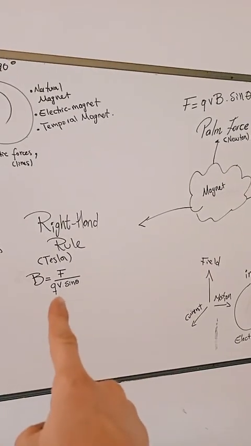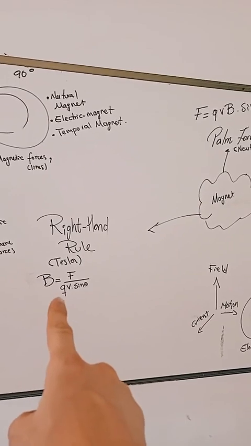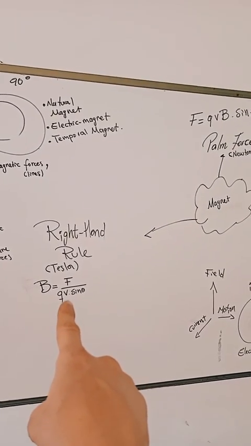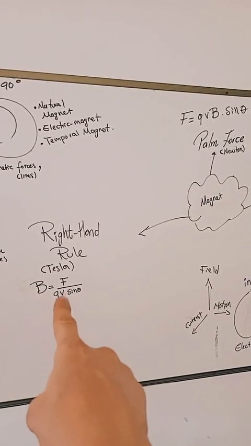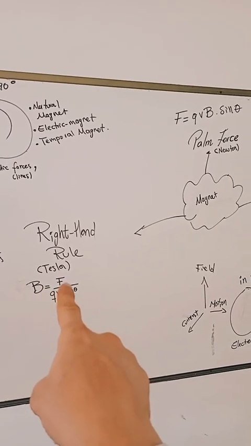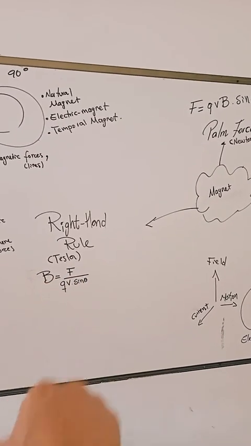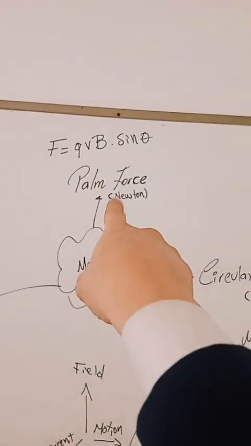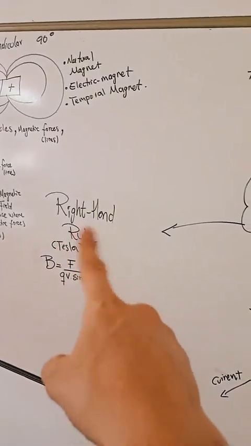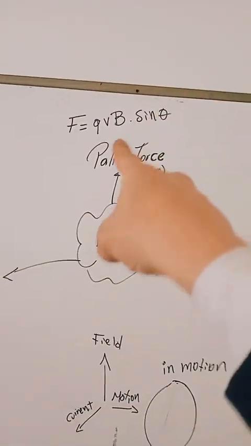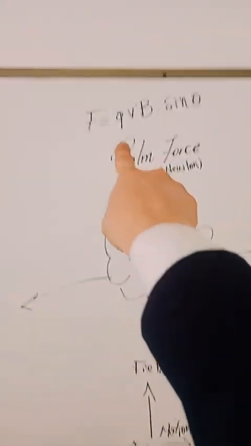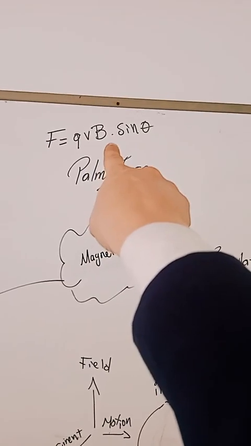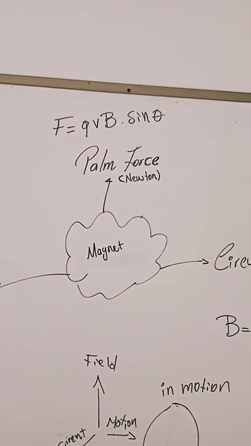So you just have to know what Q is. Q is the charge. V is speed. Sine of the angle. I have to provide this information, and also the force, in order to find the magnetic field. If I want to find the force, because it's the same equation, we can just multiply: charge times speed times the field times the sine of the angle.